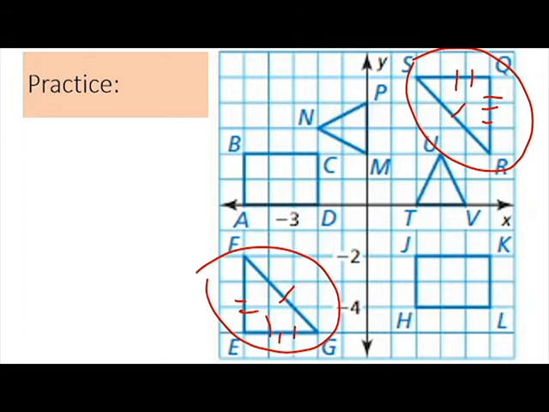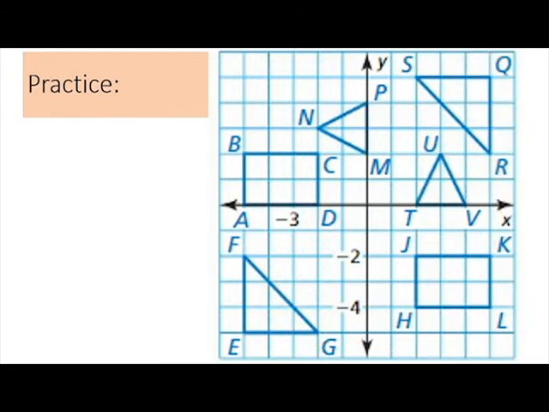Now, how do we turn one into the other? This is a rotation that takes it from there to there. It's a 180-degree rotation. Or, there are other ways that we could do this. If we took this shape and reflected it across the y-axis, we end up with a triangle that looks like that. And then if we reflect that across the x-axis, that will turn us into this triangle over there.